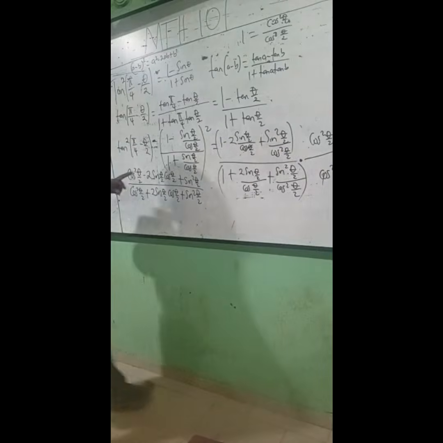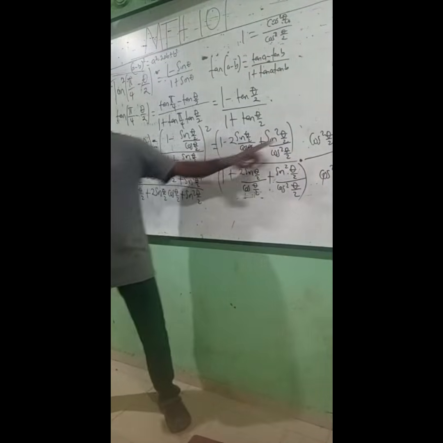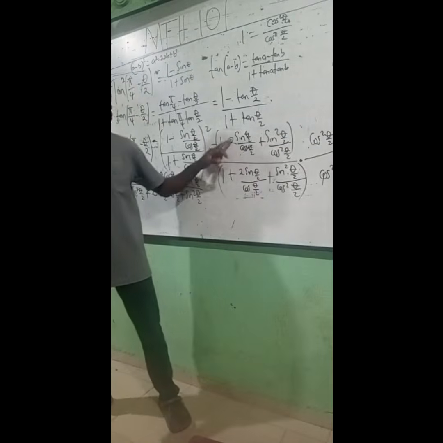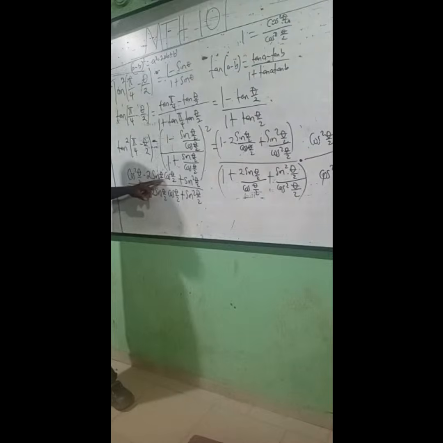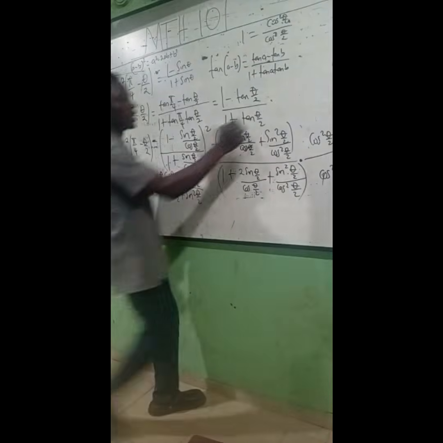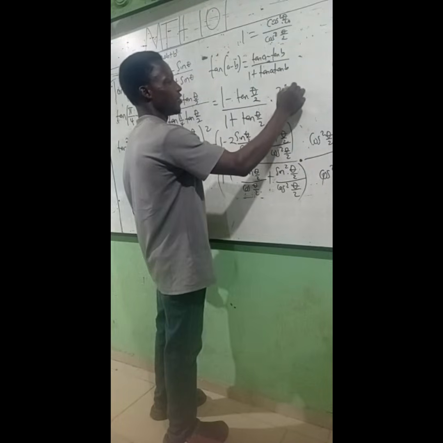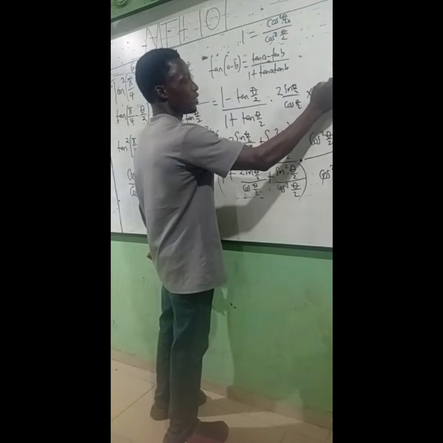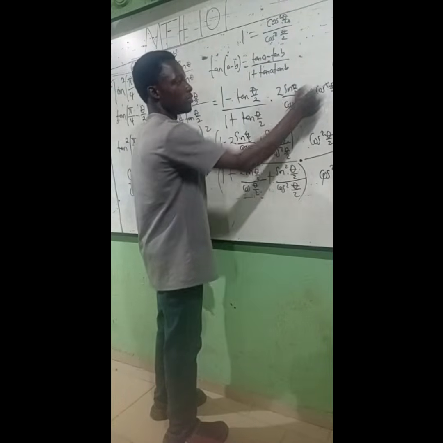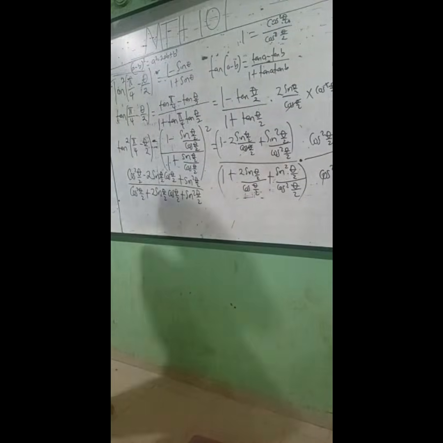This times one, we only have one, we cancel one out of this. Then I have 2 times sin theta over 2 cos theta over 2. So it's like you are saying 2 sin theta over 2 divided by cos theta over 2 multiplied by cos square theta over 2. So this is removed and we have everything at the numerator. You get it like that. Any question?